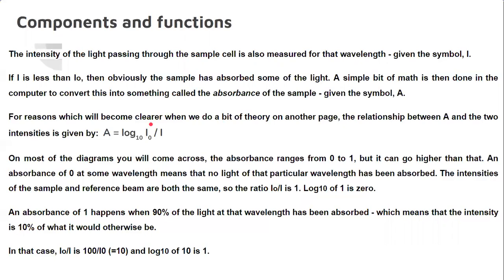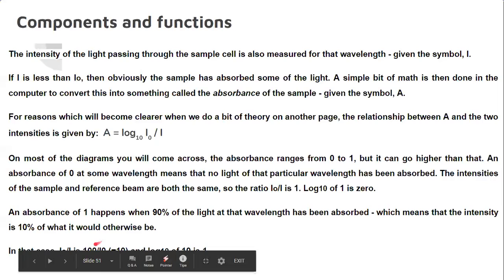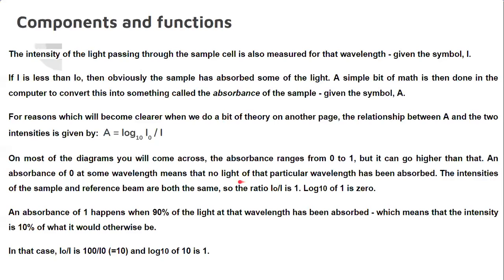That means log I naught, the light coming from the reference cell, is 100, and the light transmitted from the sample cell is 90 less than that, that is 10. So log of 100 by 10, which is log 10, is equal to 1.